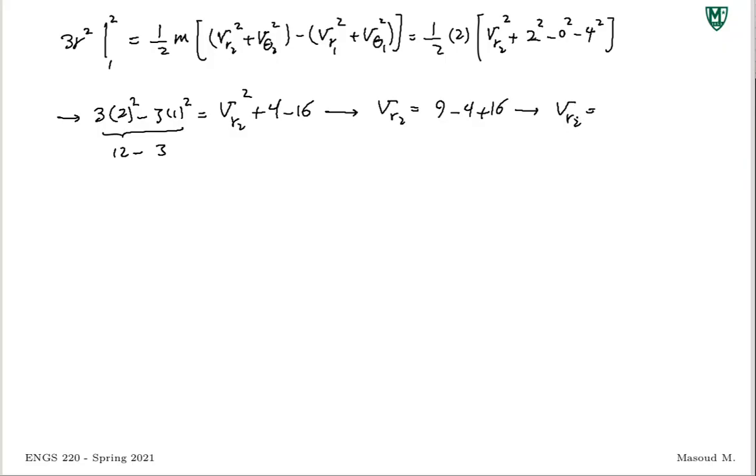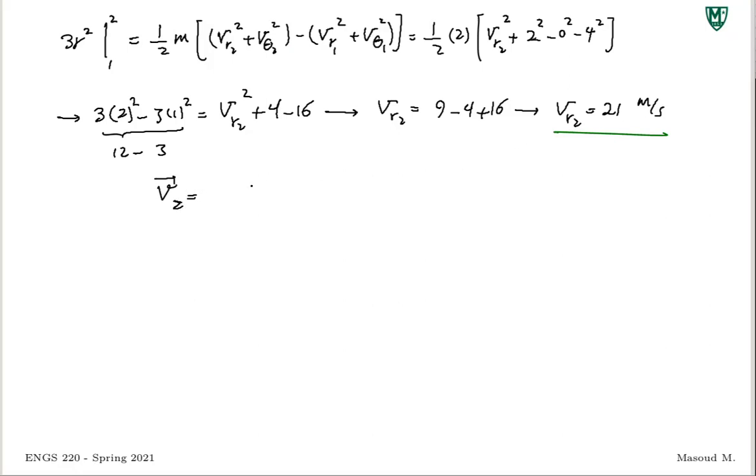From there, vr2 squared becomes, you get 12 and 9, 21 meters per second. This is vr2.